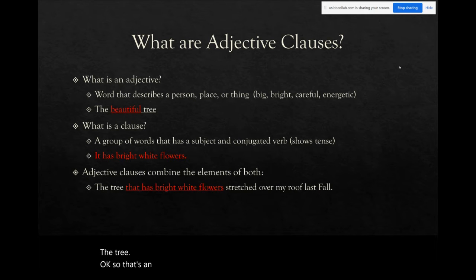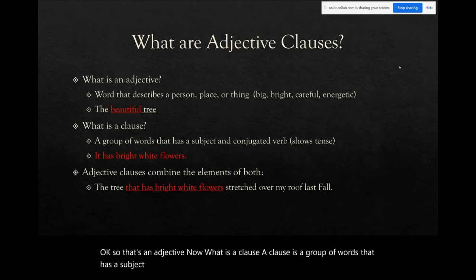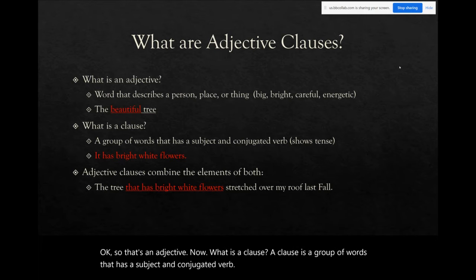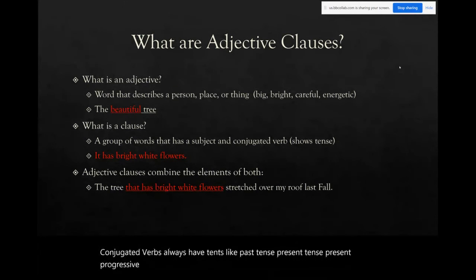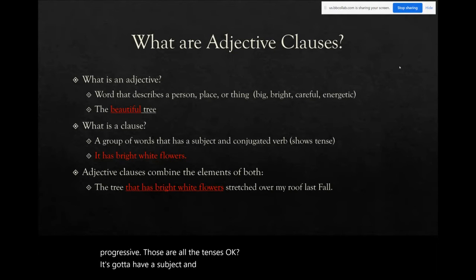Now, what is a clause? A clause is a group of words that has a subject and conjugated verb. Conjugated verbs always have tense, like past tense, present progressive. Those are all the tenses, okay? It's got to have a subject and a verb. So look at this example.